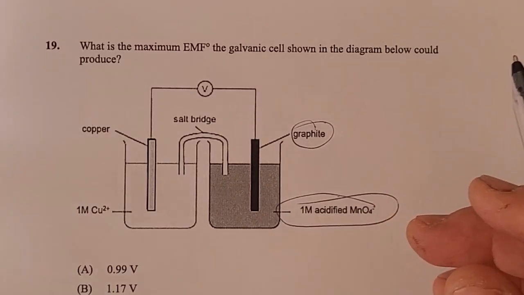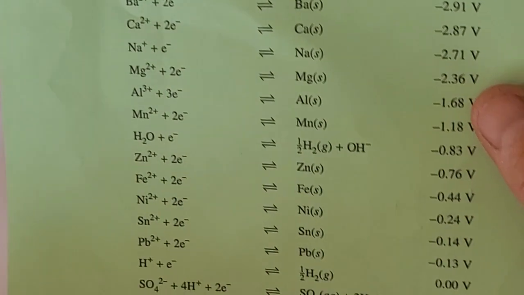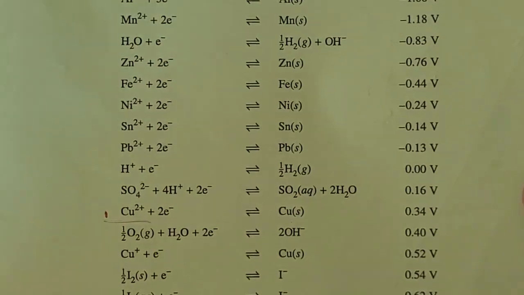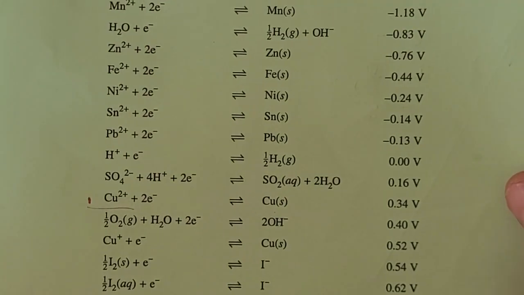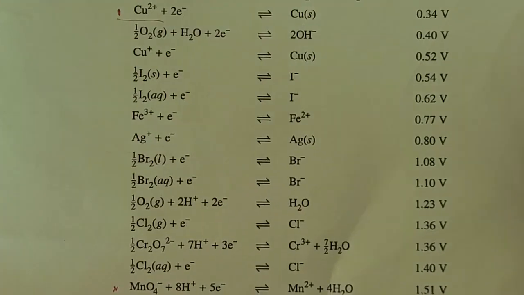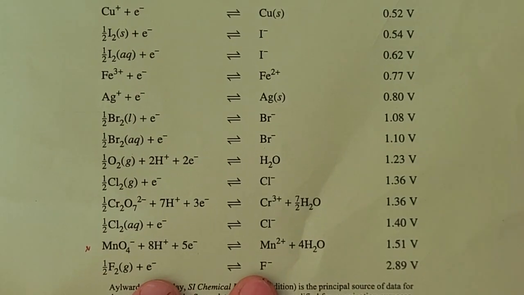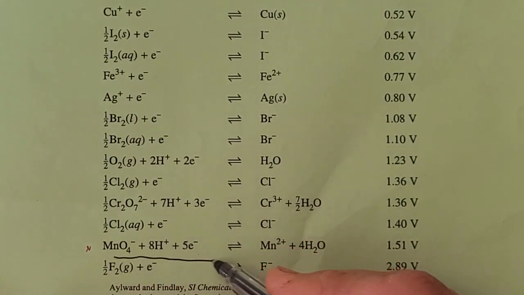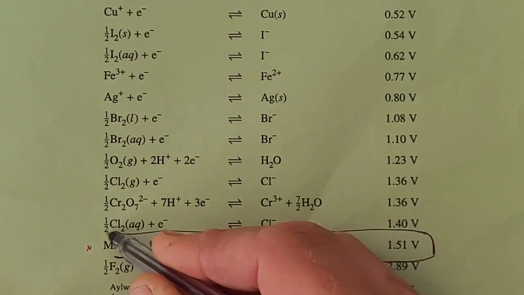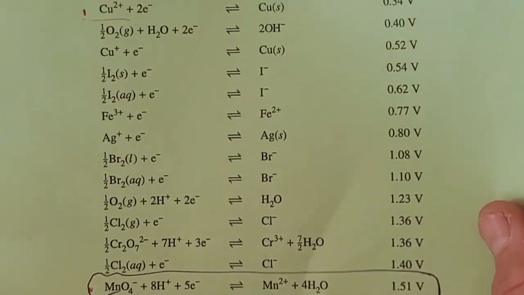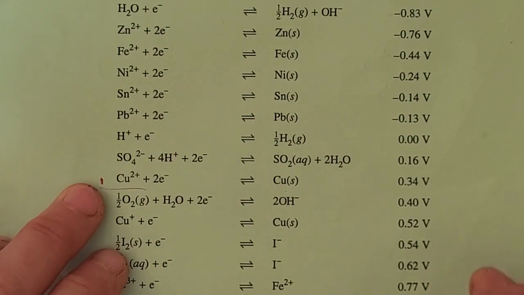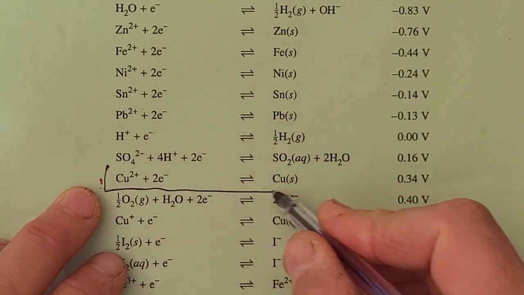So what you've got to look at is your reductions. Here's the permanganate one. These are all in reduction form. Here's the copper.